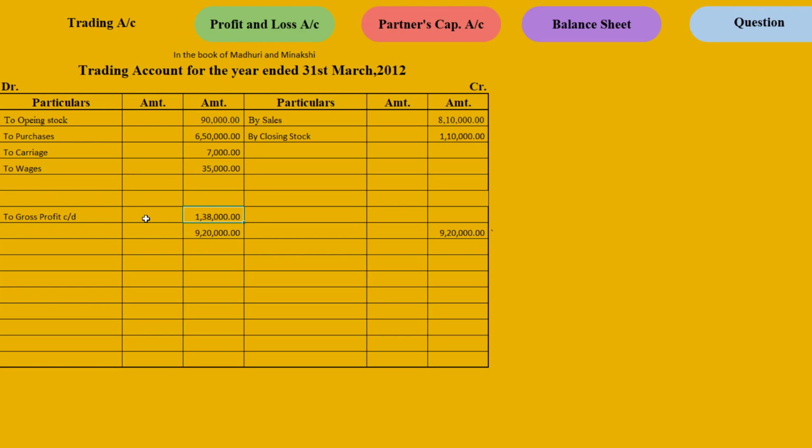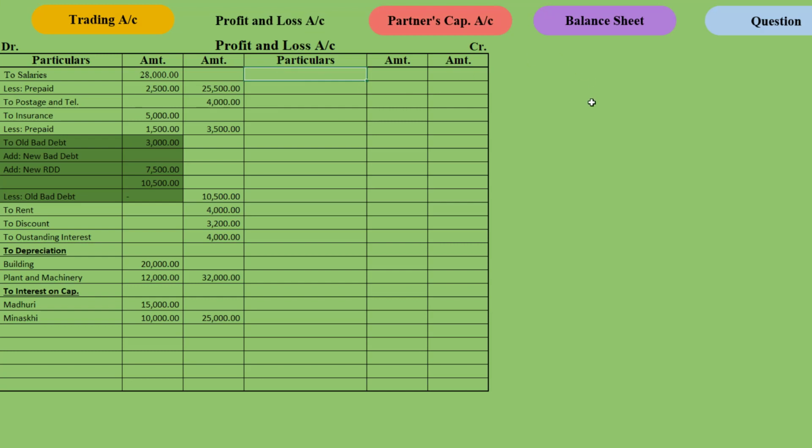Okay, 1,38,000 you take into the profit and loss account, credit side. This is the profit and loss account, this is the credit side. Start with by gross profit brought down amount, outer column 1,38,000. Now same procedure will follow here too.